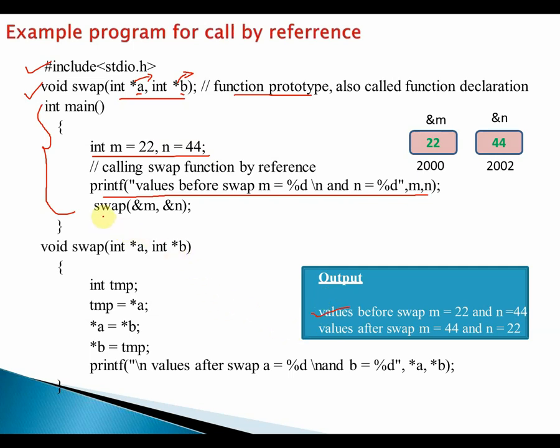After that what you see is the function call. The function call over here is written in a very different way. We do not write it normally as in the previous method. What we wrote was in this manner: m comma n in the function call, and the function name was swap.